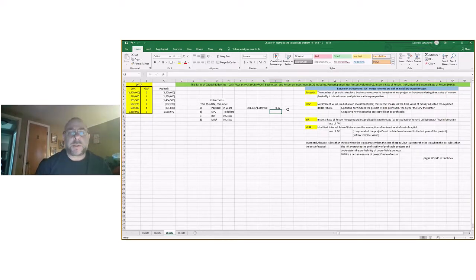So then what you're going to do is add the 4 years, 4 years and 0.22 of a 5th year. So the actual result is it's going to take you 4.22 years to get your money back.